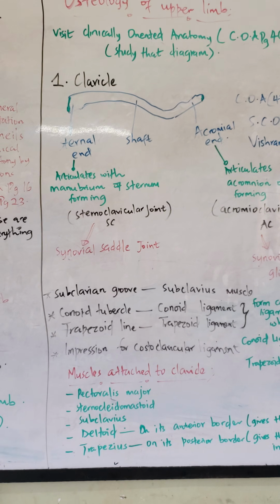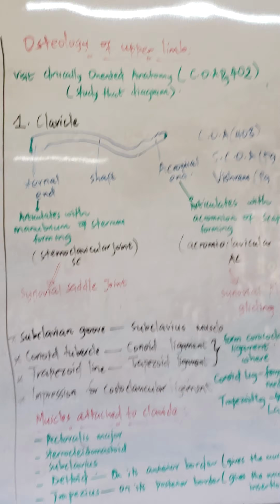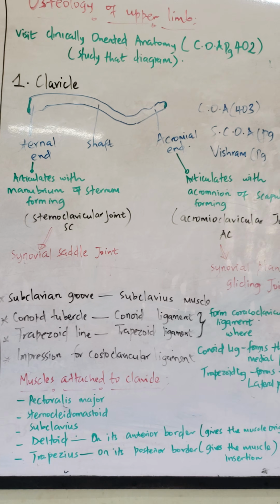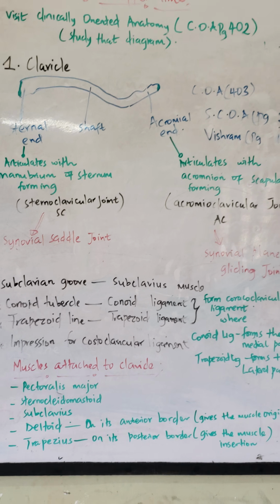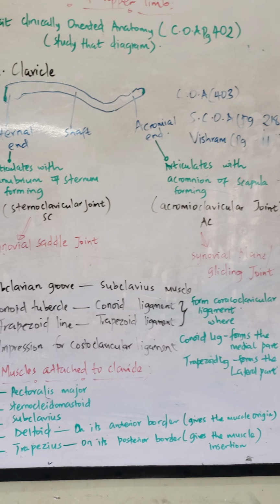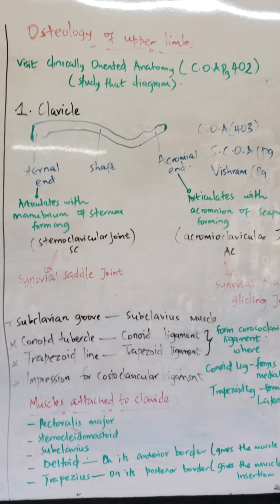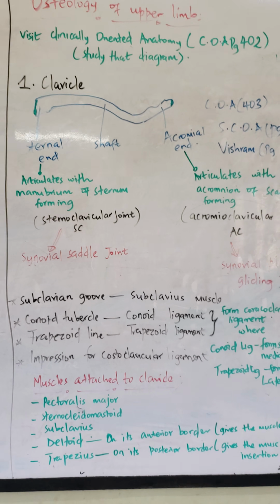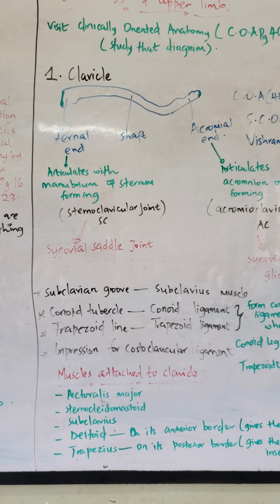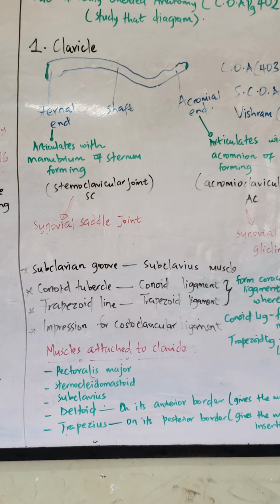Mainly the clavicle, you have to appreciate that it has 3 main parts: the sternal end, the shaft, and the acromial end. Study those diagrams there for the respective parts. But for your exams, I need you to know that the sternal end articulates with the manubrium of the sternum, forming the sternoclavicular joint.